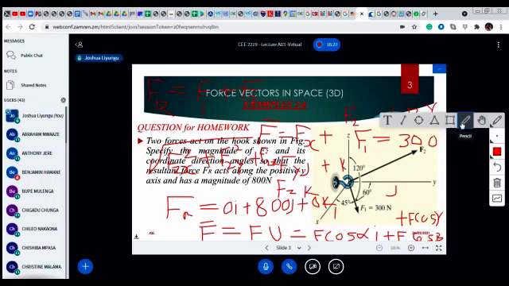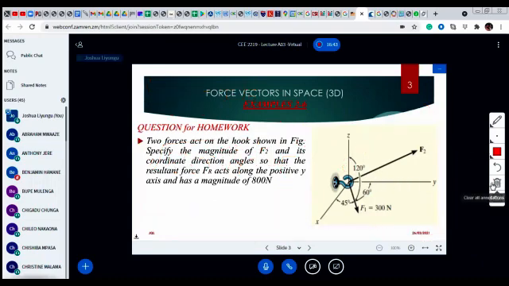We now have the magnitude, right? The first task was to find the magnitude of F2.